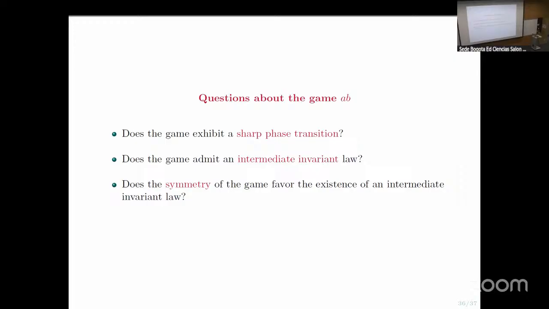I don't know. As I said, the motivation started in probability, and then we ended up with this game that has this interpretation, and we were looking a little bit at the literature in computer science, but yes.